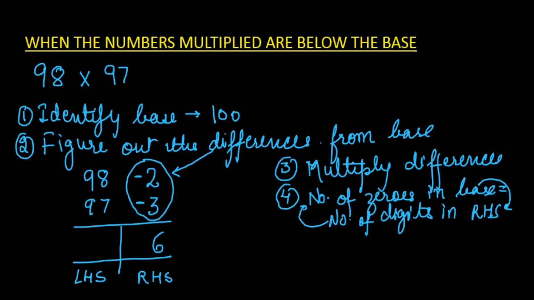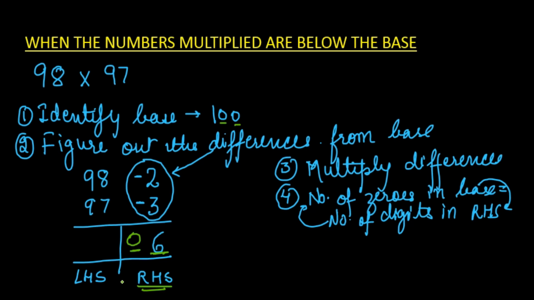Our base is 100 and the number of zeros here are 2. So the number of digits in RHS should be 2. On multiplication, we have just got 1 digit, so we'll put a 0 here.